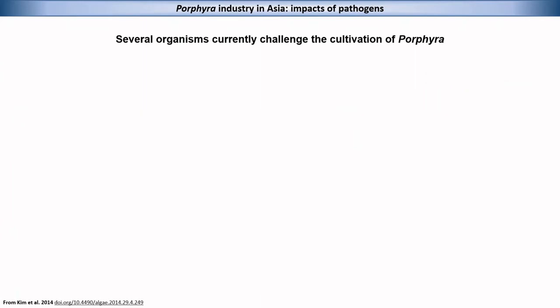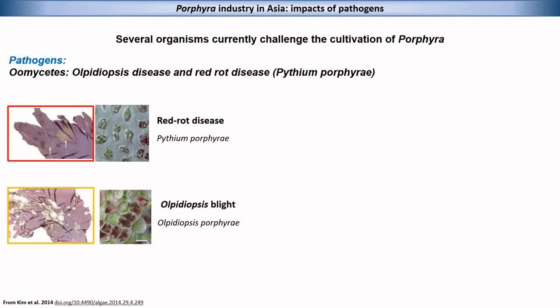There are several organisms that currently challenge the cultivation of Porphyra. First of all, we have the real pathogens that infect and kill algae. Here we have 2 oomycete species that are known to infect Porphyra. First, Pythium porphyrae, which causes the red rot disease. Then we have Olpidiopsis porphyrae, which causes the Olpidiopsis blight.